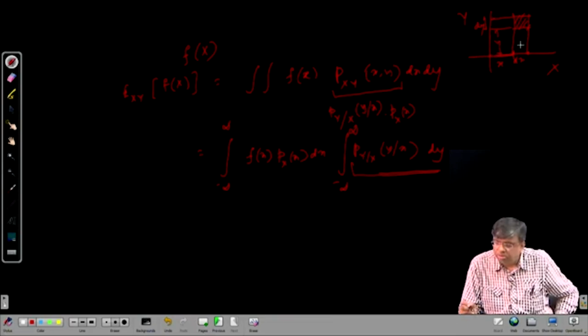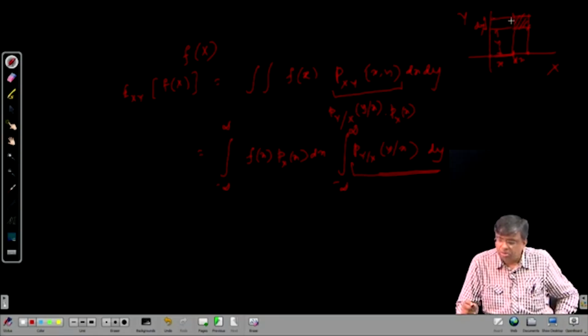So, the probability of this pair, subject to capital X lying between here to here, the probability of capital Y falling from here to here is proportional to dy, and this much was the proportionality constant. So, this much is the probability.